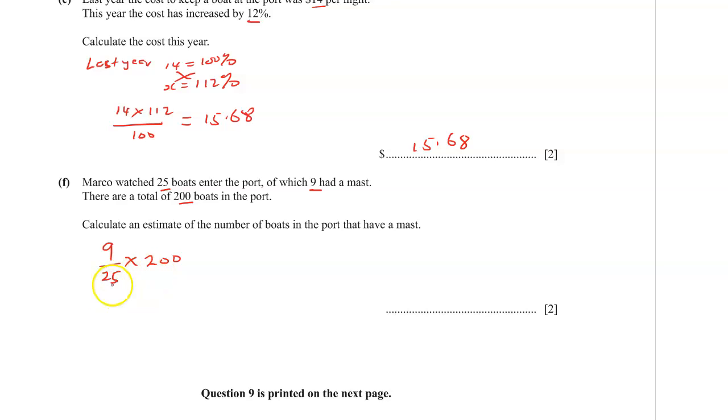So this is 8. 8 times 9 gives us 72. So the probability of having a must is 9 over 25, and so we find the total number of balls with a must is 72.